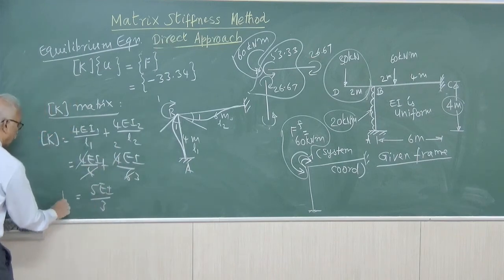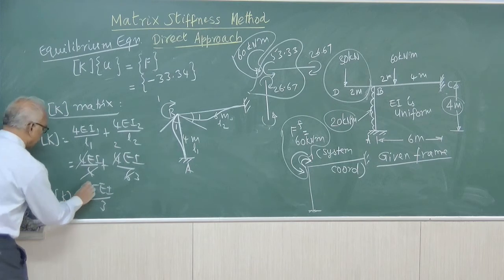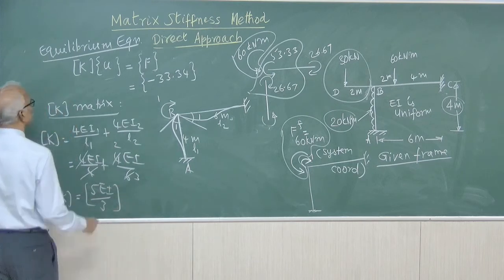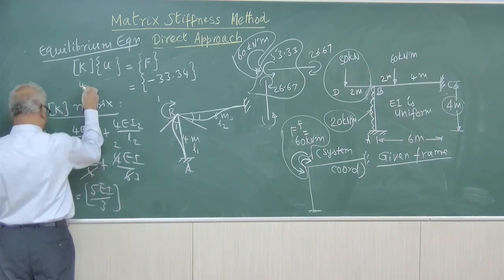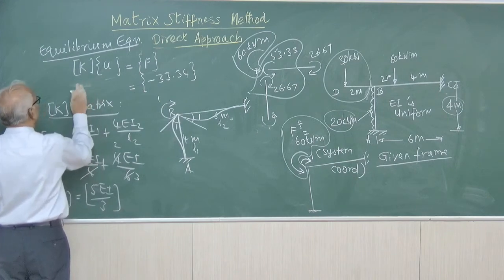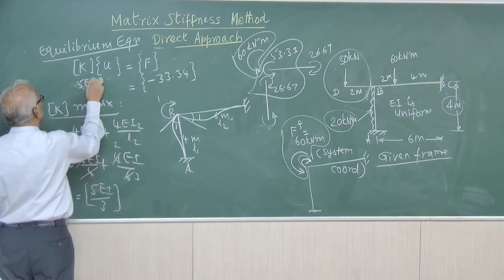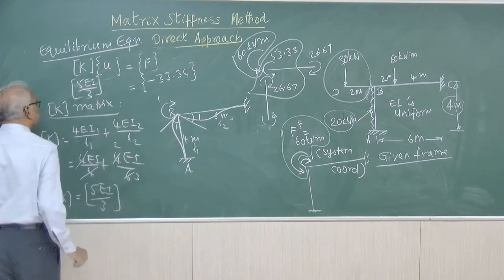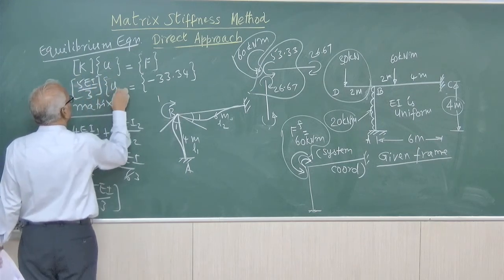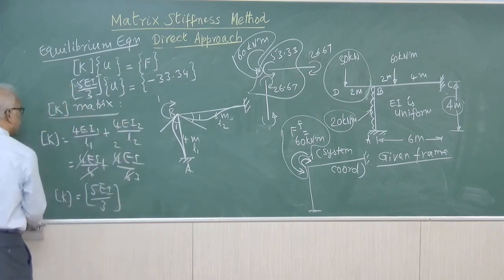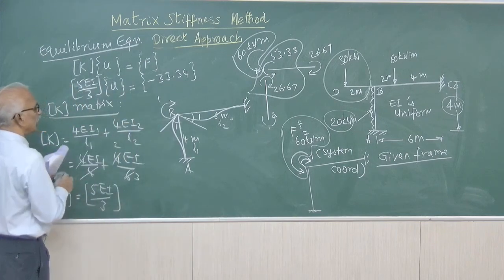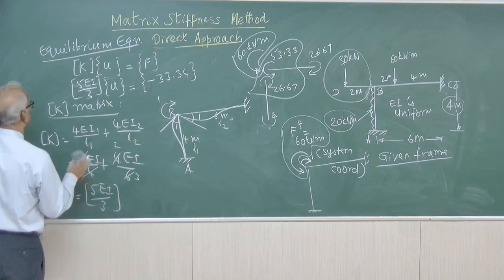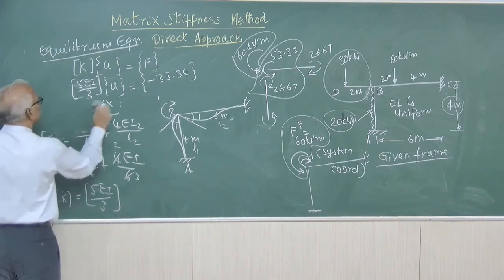So K equals 5 by 3 EI. Therefore, the left hand side equals 5EI by 3 into U. So, we have got the left hand side of the equilibrium equation also.